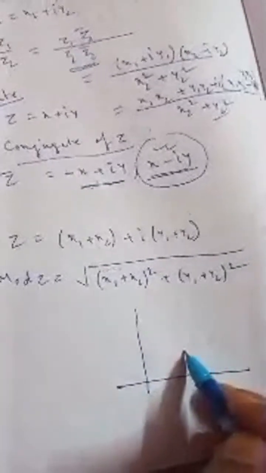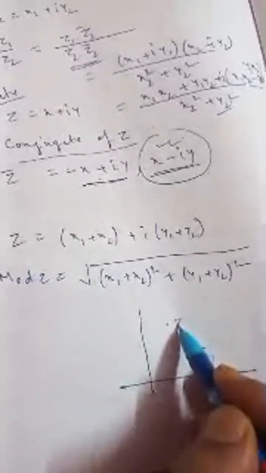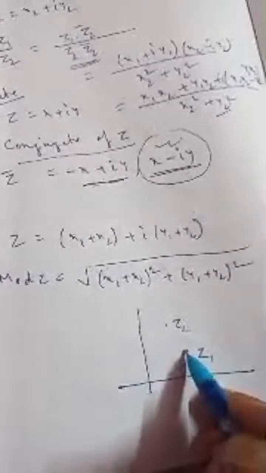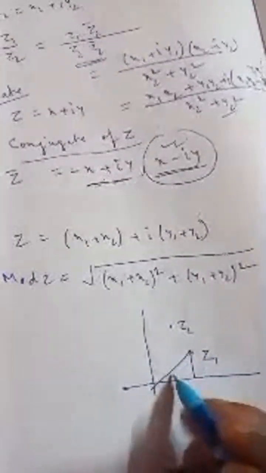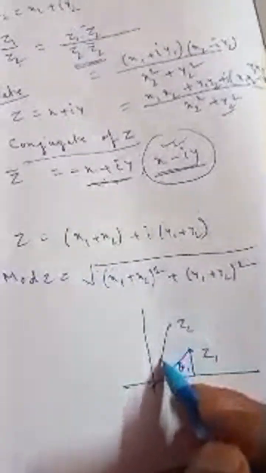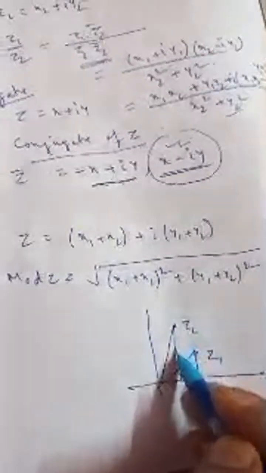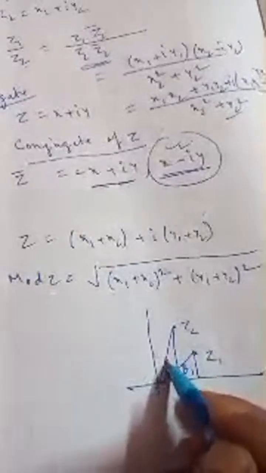This is z1, this is z2. So its amplitude is theta 1 and its amplitude is theta 2.